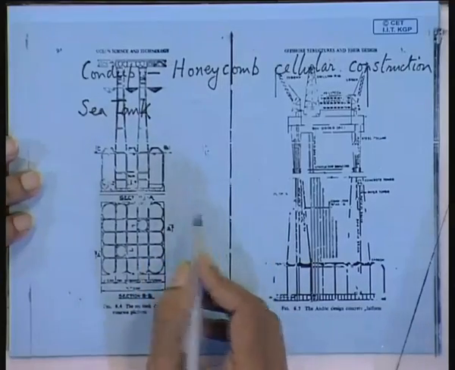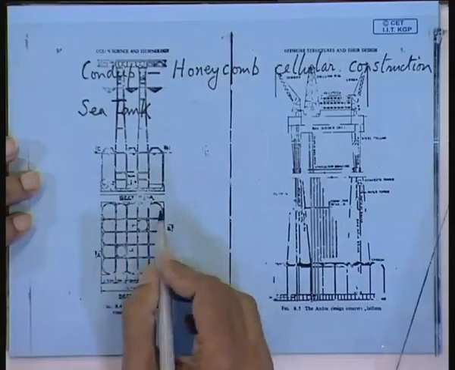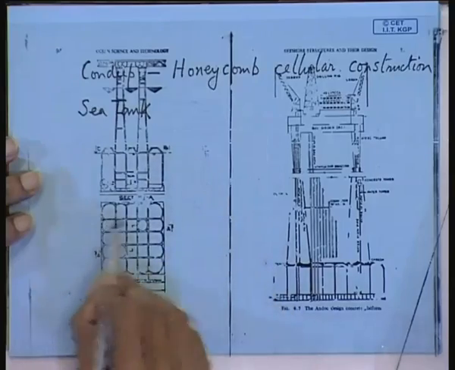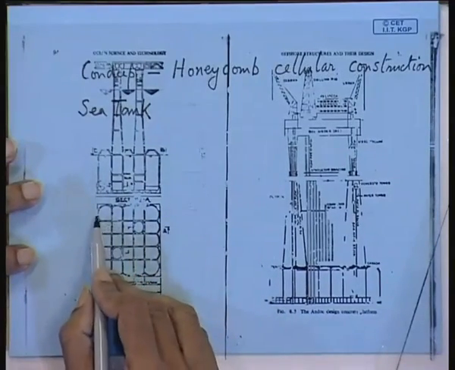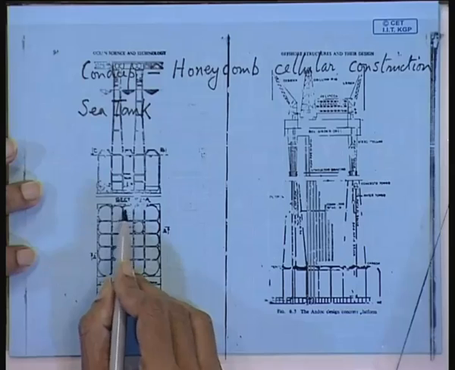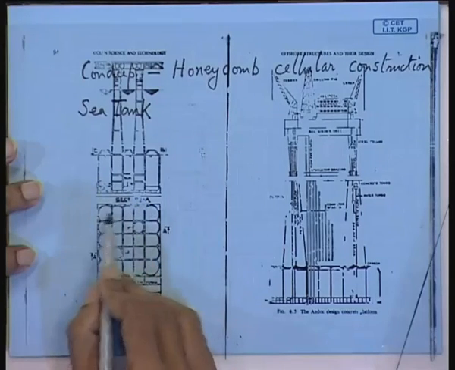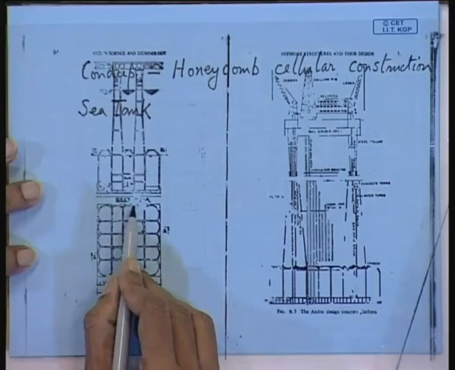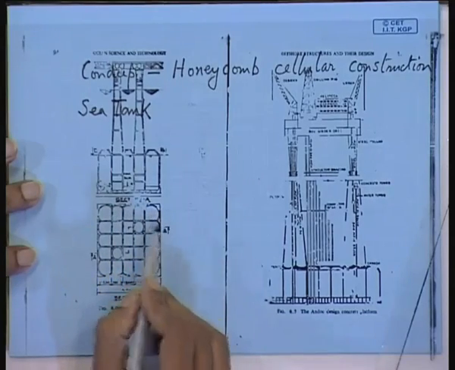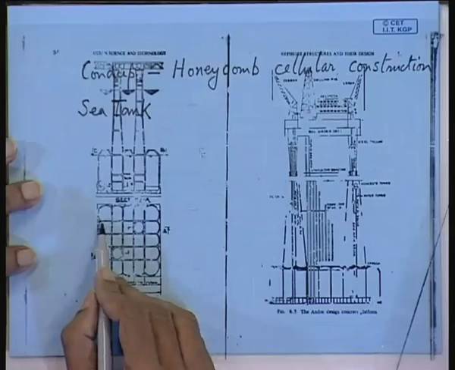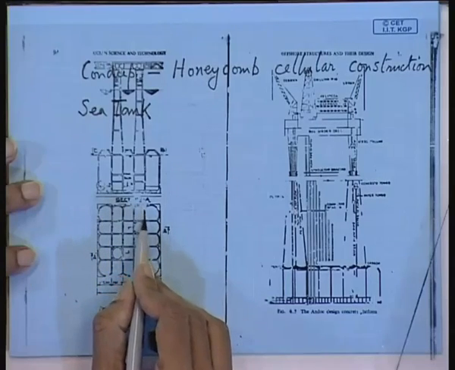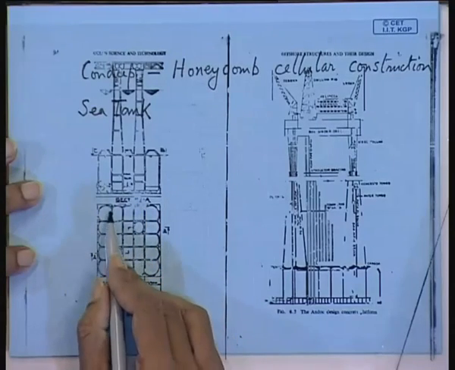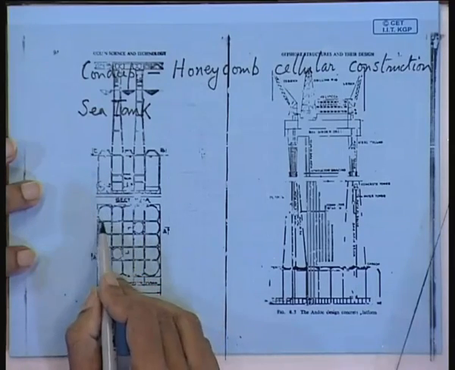Now this can be either square or rectangular as the case may be, but you can see the construction of the cells. The cells are not cylindrical; only the outer portion has the cylindrical curvature, but inside they are all built in one monolithic design. That means they are not individual cells.